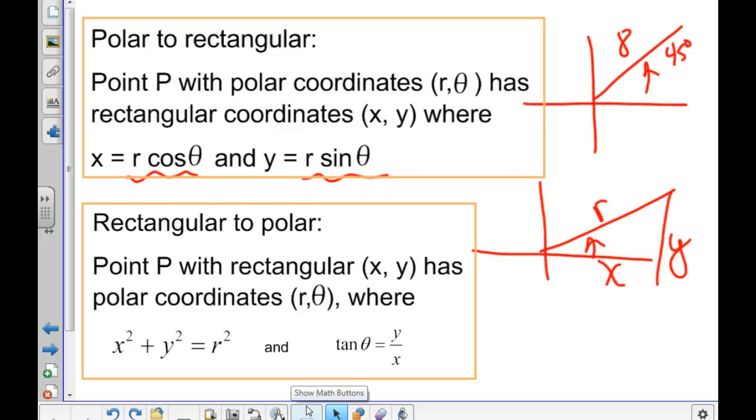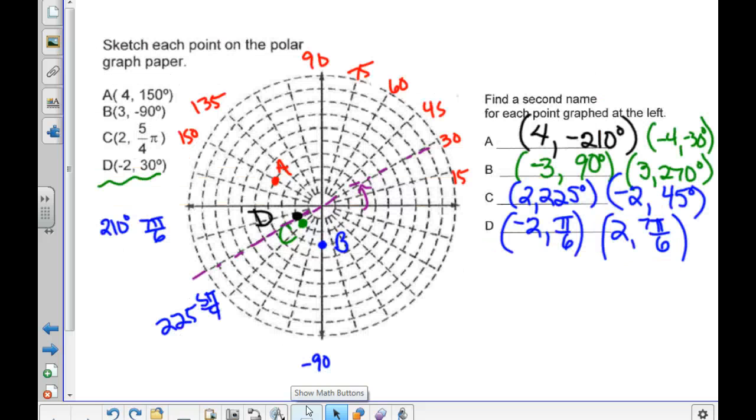All right, continuing on, we went through examples and we talked about the fact that there is not a single unique name for a point in the polar system. There are multiple names. What did it mean for D here when we had a negative 2, 30? Anybody remember how we did that? It's this purple one.